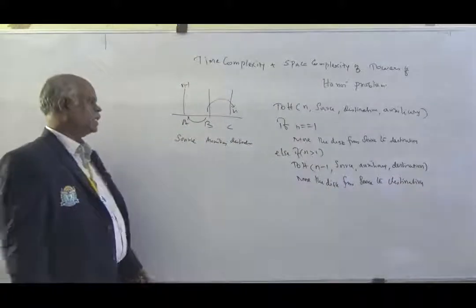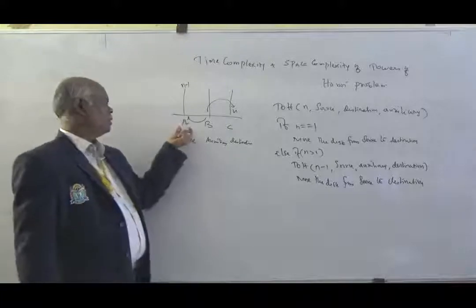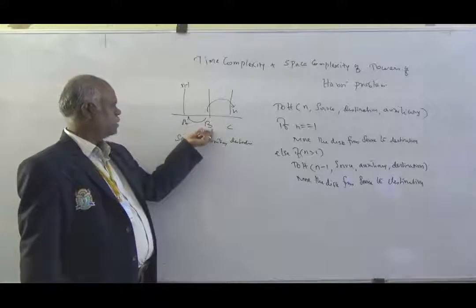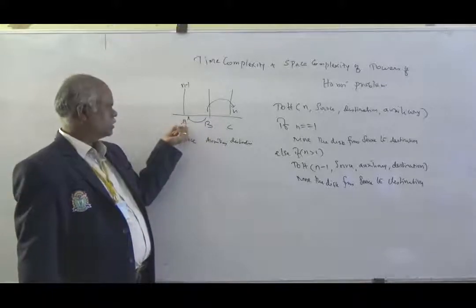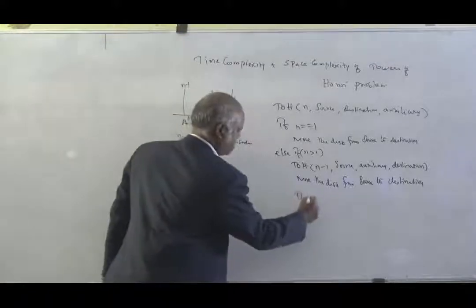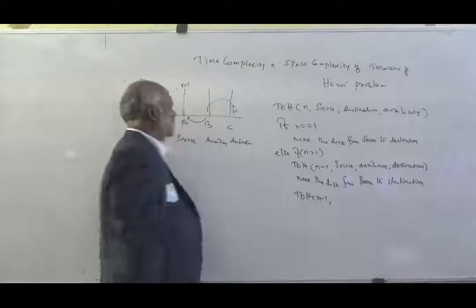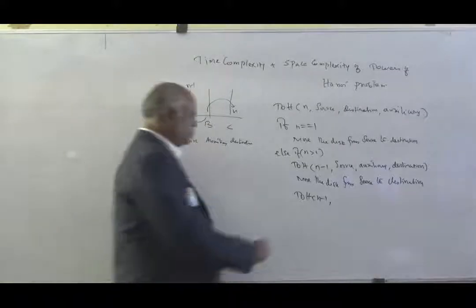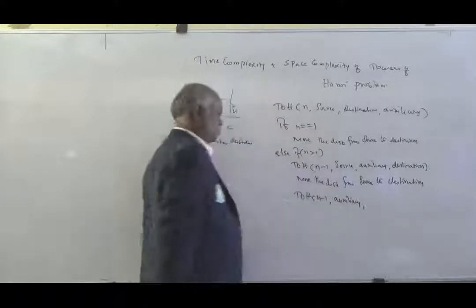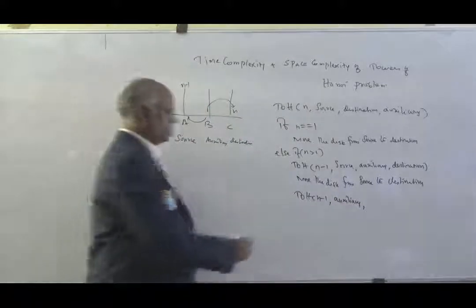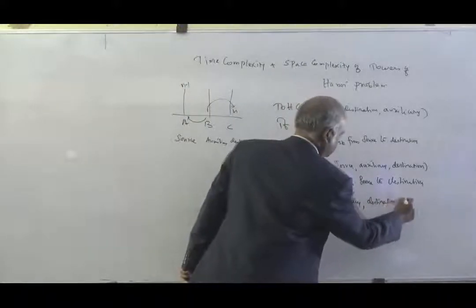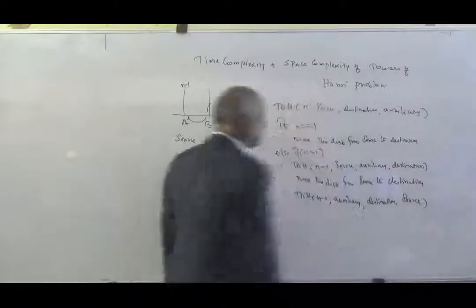Now what is the current situation? Initially there were n disks. We have moved n minus 1 from A to B. So there is only one disk, and that last disk is moved from A to C. Now again you call the function towers of Hanoi, n minus 1 disks, from the auxiliary to destination using source as intermediate.